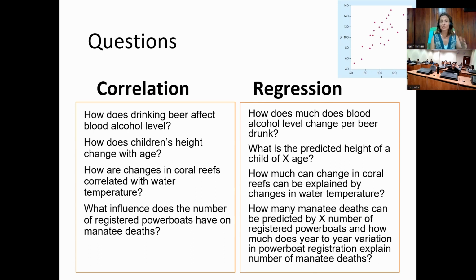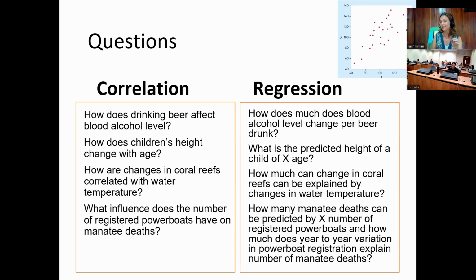With correlation, you can ask, how are changes in coral reefs correlated with water temperature? With regression, you can ask, how much can change in coral reefs be explained by changes in water temperature? With correlation, you can ask, what influence does the number of registered powerboats have on manatee deaths?